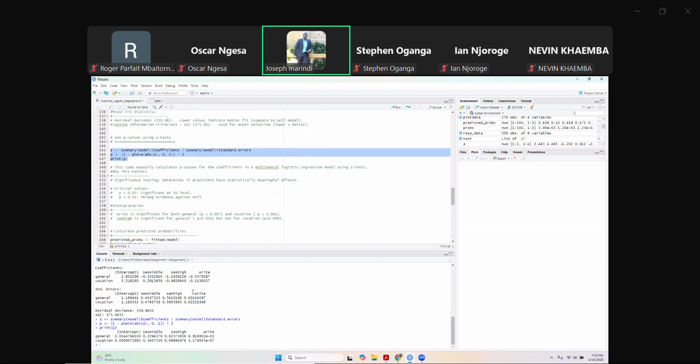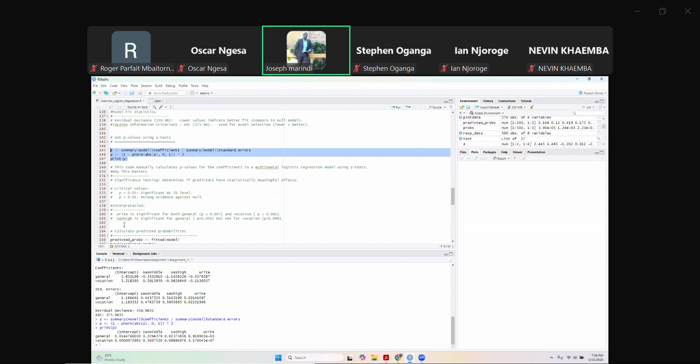So what we are getting here is that the write score, or rather the score in the write variable, is significant for both general, whereby we have 0.007, and vocation, whereby we have a p-value of 0.001.